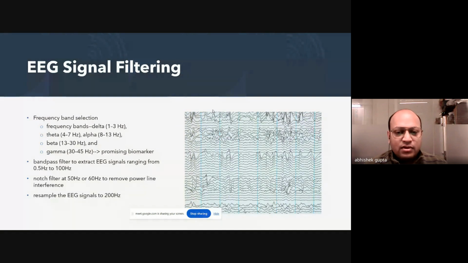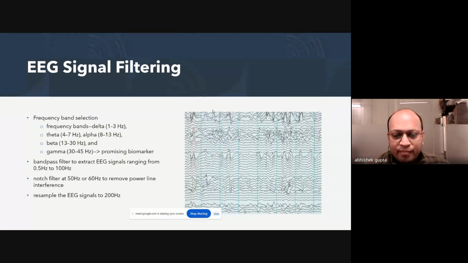Besides this, if the patient is lying and we are collecting the data, but the patient is blinking their eyes, then that also adds noise. So EEG offers a lot of flexibility to diagnose, but collection of the data is tricky, and a slight movement of the body adds noise.